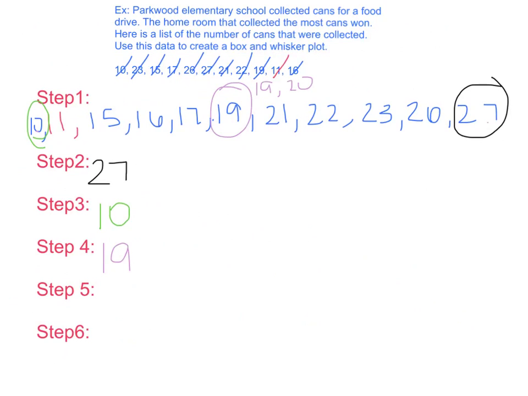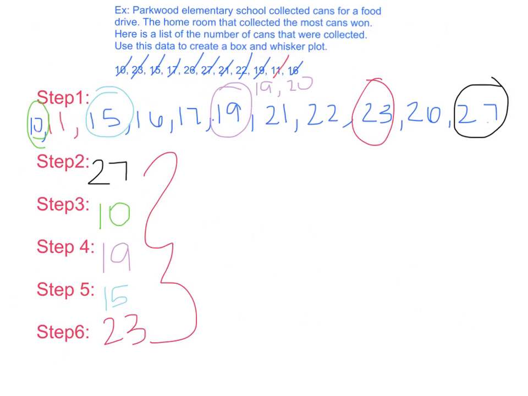So for this one, our lower quartile is going to be 15, and our upper quartile is going to be, let's see, 23. These 5 numbers are what we are going to use to make our box and whisker plot.